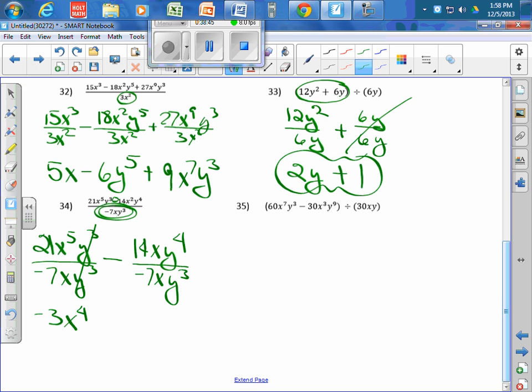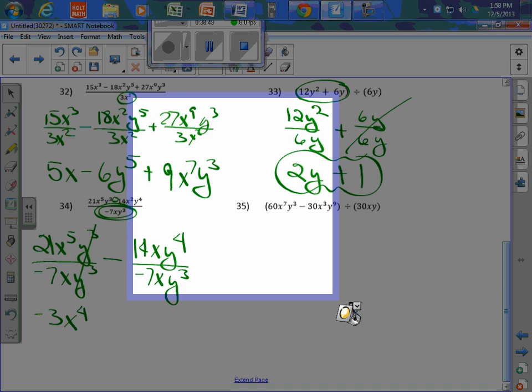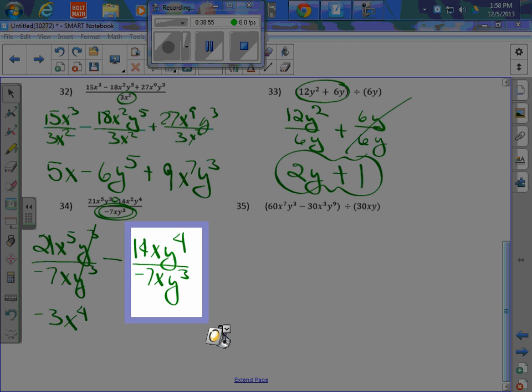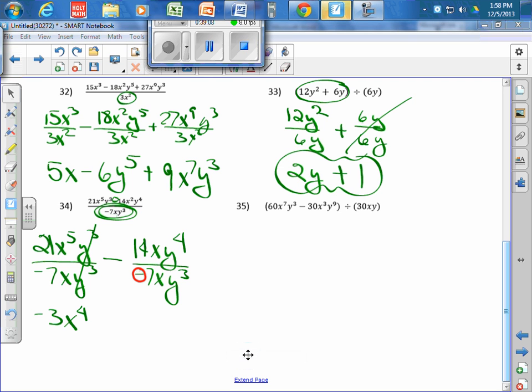Now I want you to take a close look at this next situation here. See this minus sign right here? No matter where the minus sign is in this fraction, it is negative. That negative sign that's circled there could be in the denominator.